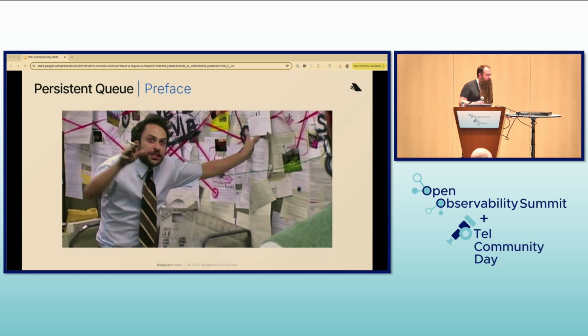How does concurrency work? How does batching work, and what are the implications there? There were many rabbit holes that I could have went down, and I tried really hard not to and keep this talk pretty focused on the persistent queue and how it works and so forth.